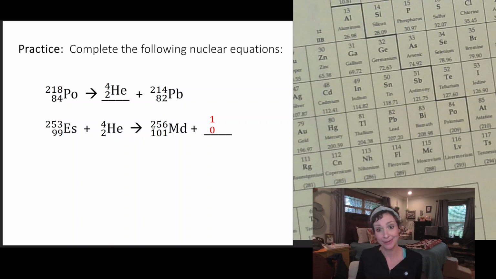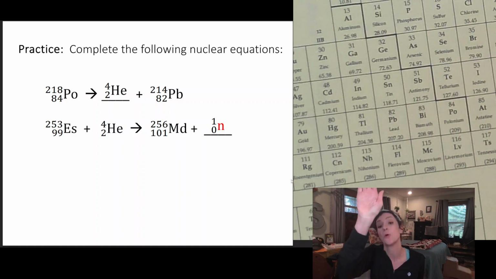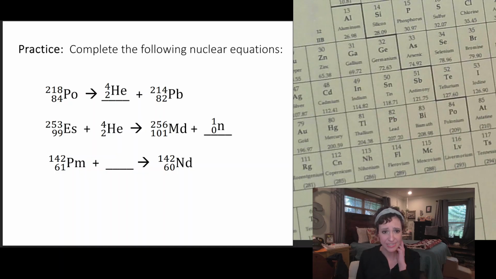So in order to get a total mass of 257 on here, I needed to have a 1 coming from this particle, right? 99 plus 2, that's a 101. I already have 101 on here, which means I have a 0. You're like, who is this? Y'all, that's my neutron. Somebody who does have mass, a mass number of 1, but does not have any positive charge contributing to this. Amazing.